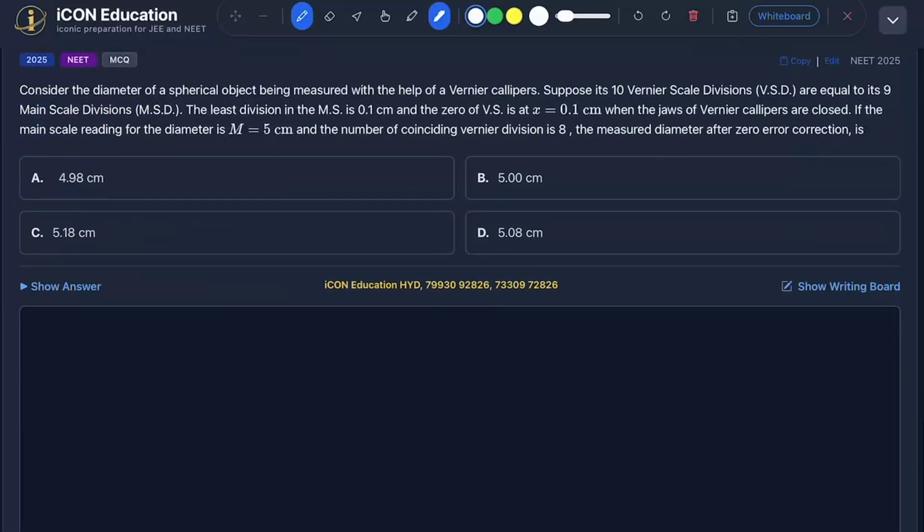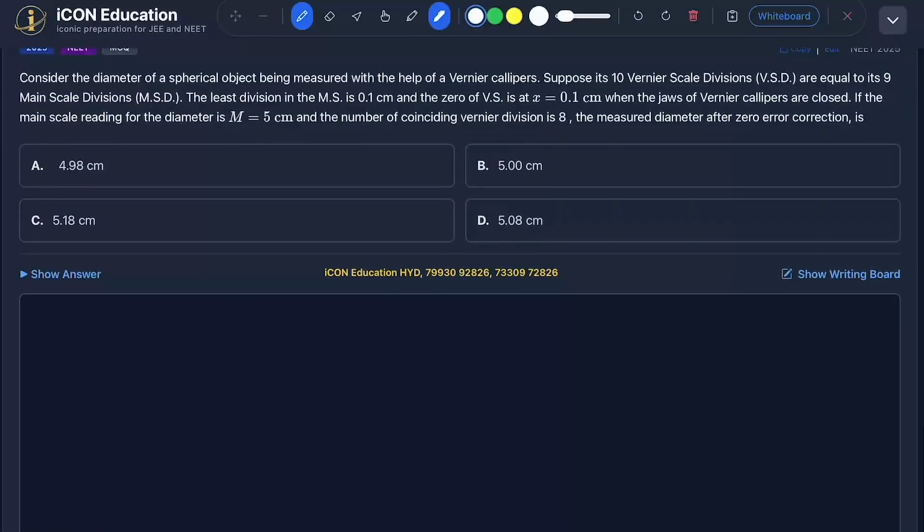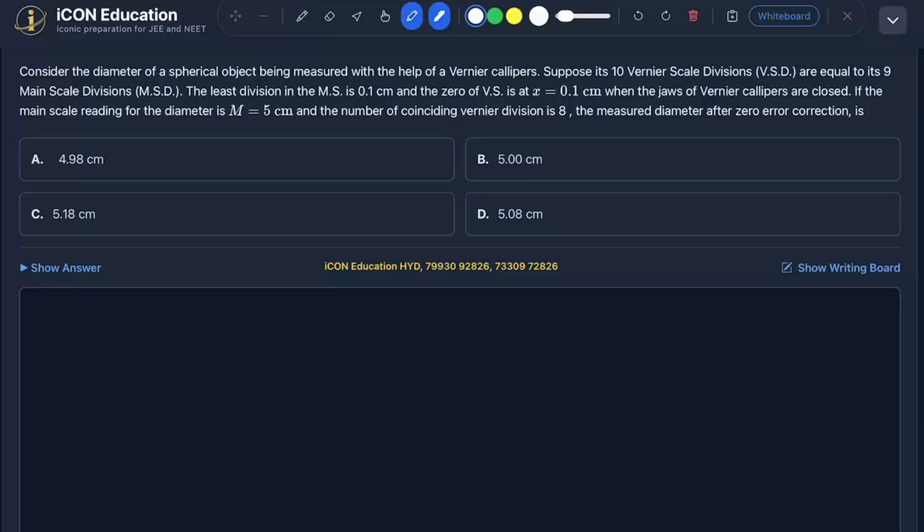This is related to the vernier calipers, and observe what is the data given. First, they have given here 10 VSD equal to 9 MSD. So by using this, we can find the least count. 10 VSD equal to 9 MSD. So that means 1 VSD equal to 9 by 10 MSD.